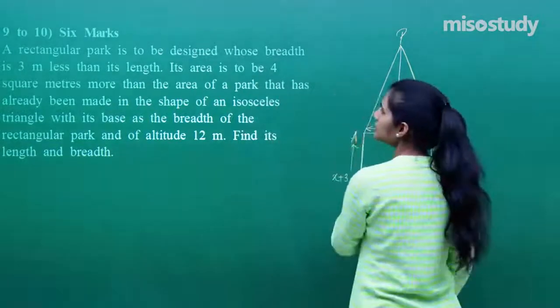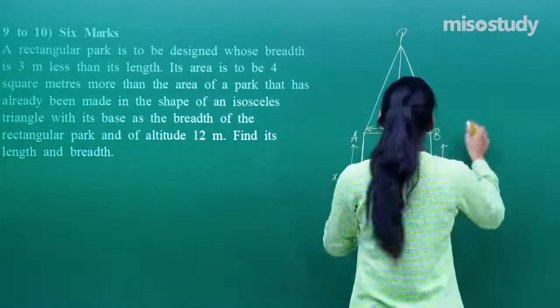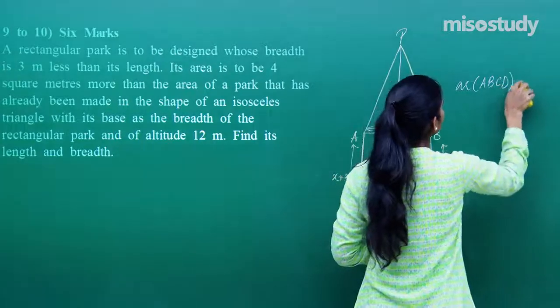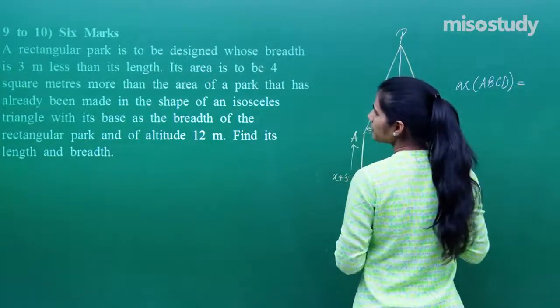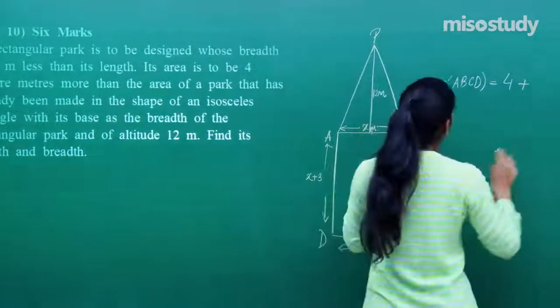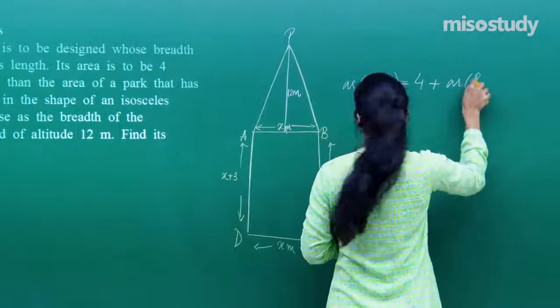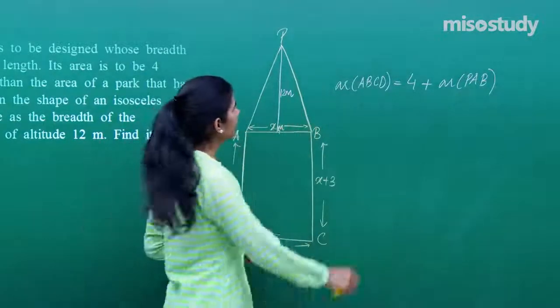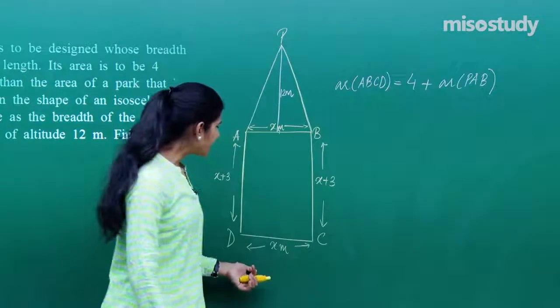Then they are talking about their areas. It is saying that the area of the rectangle, so area of ABCD, is 4 square meters more than the area of this triangular park, which is PAB. Okay? What is the area of ABCD? Area of a rectangle is length into breadth.